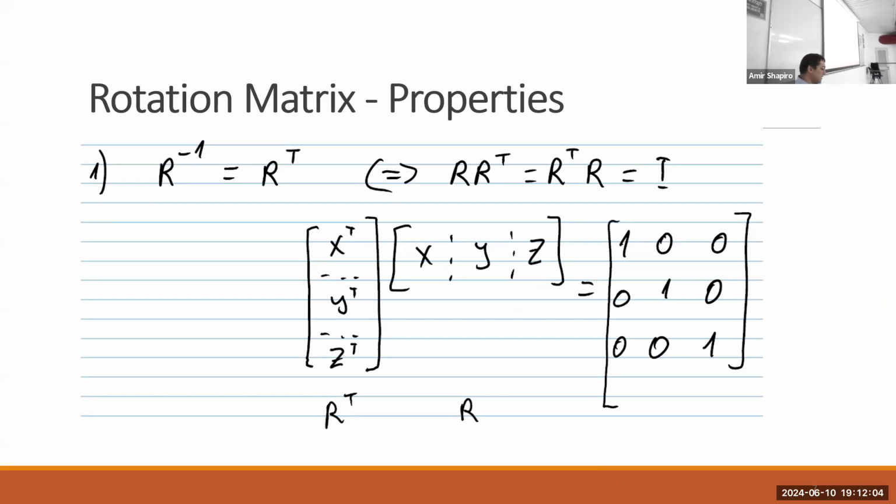And some properties of the rotation matrix. The inverse of the rotation matrix is actually the transpose of the matrix.